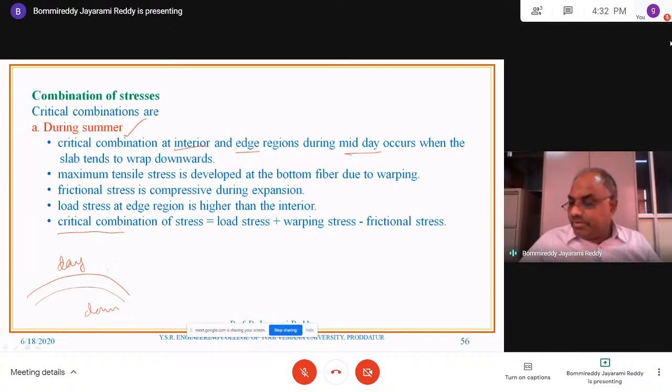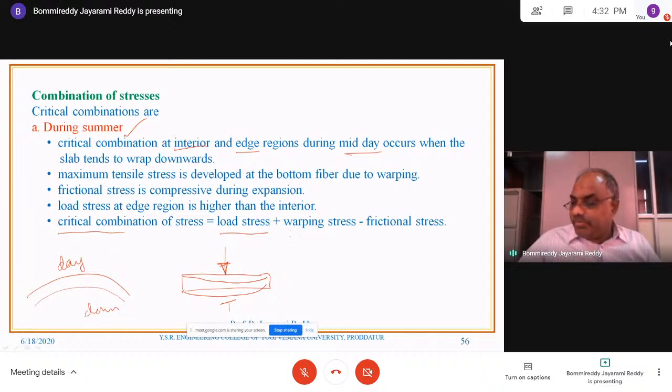So here, when the slab is horizontal, because of the wheel load it is going to develop stresses. The bottom is under tension. That means the load stress is tension at the bottom.